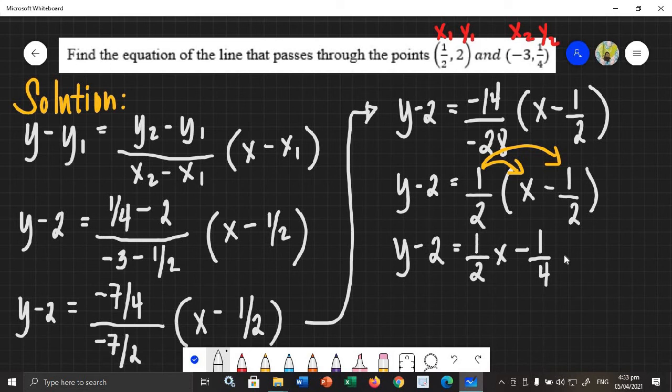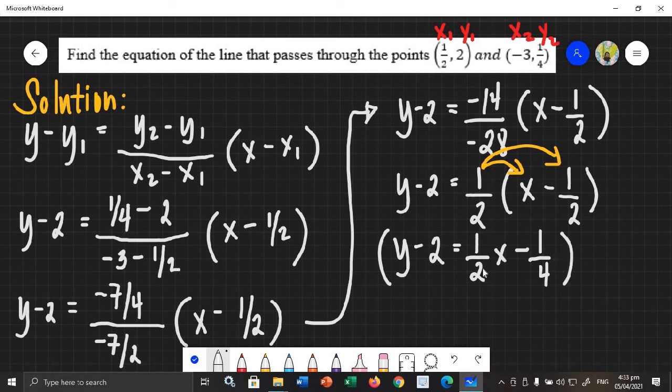And then take a look at your coefficient sa x, no? So, katulad ng mga previous lesson natin in finding the equation of the line, as we all know, we need to get rid of the coefficient of x if it is a fraction or if it is negative. Okay? So, para ma-cancel out or ma-convert natin si 1/2 x into whole number, we need to multiply the whole equation by its denominator.